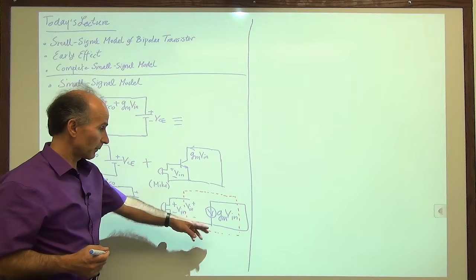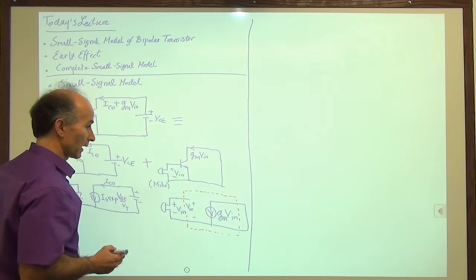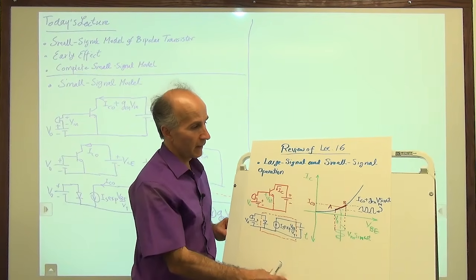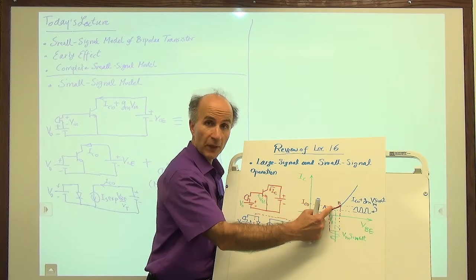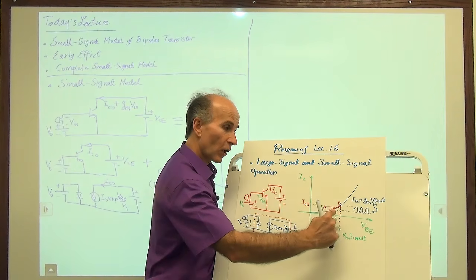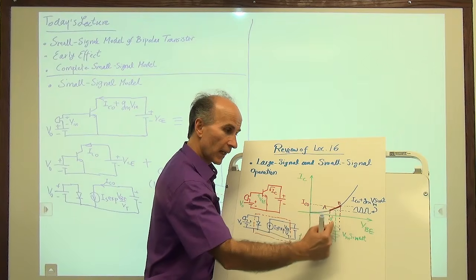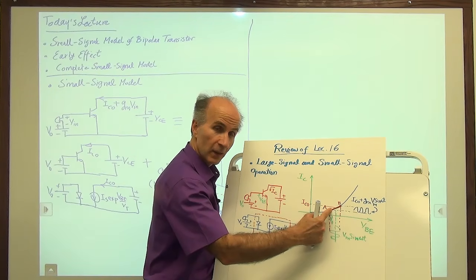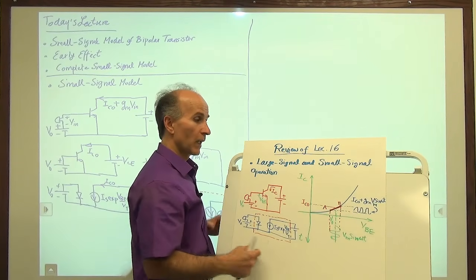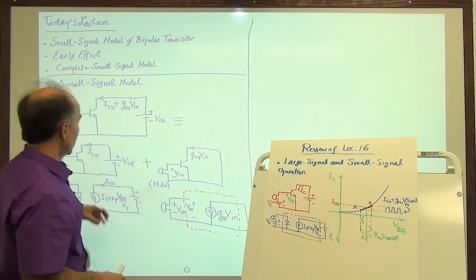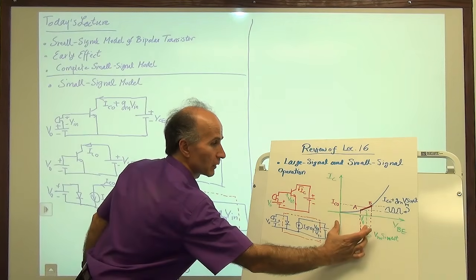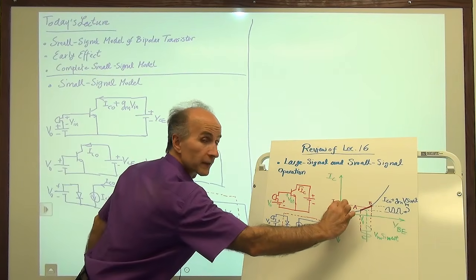Now, another way of remembering that this is a linear term is if we go back to what I just showed you here. Remember we said we approximate this little piece here by a straight line. So if this is a straight line, then the dependence of this current change upon this voltage change is linear. So that's why we have Gm times the input voltage, right? So in other words, this calculation corresponds to finding the relation between this voltage and this current.